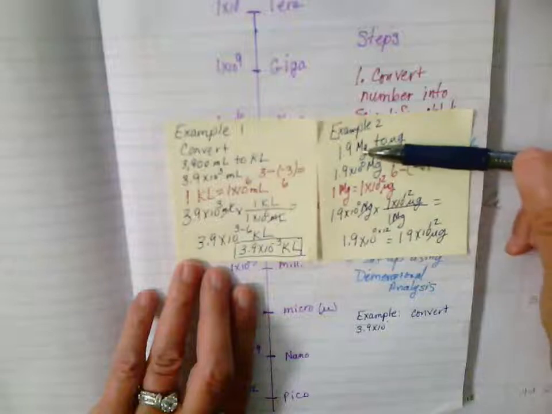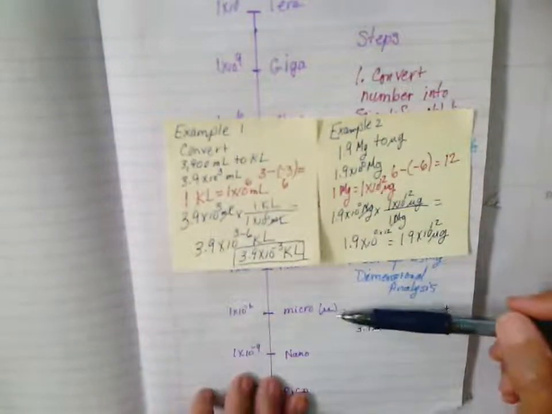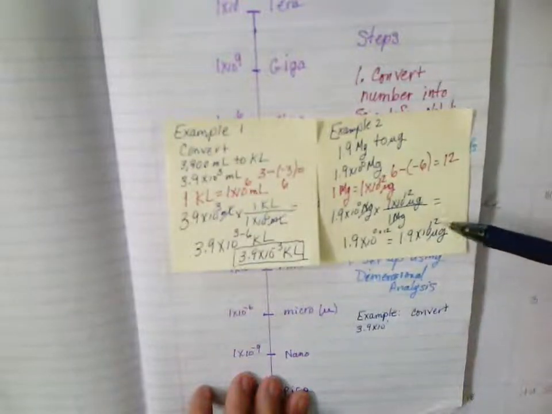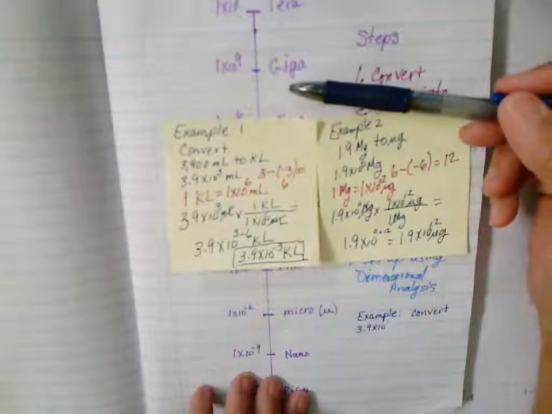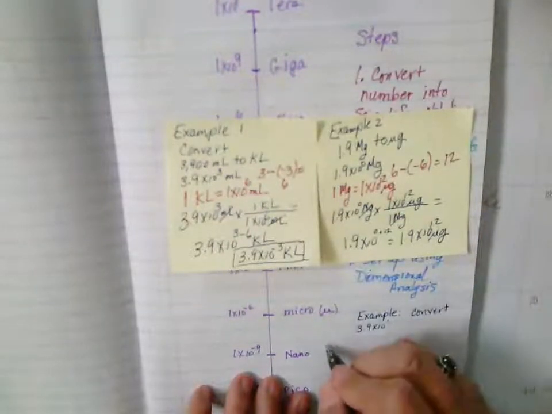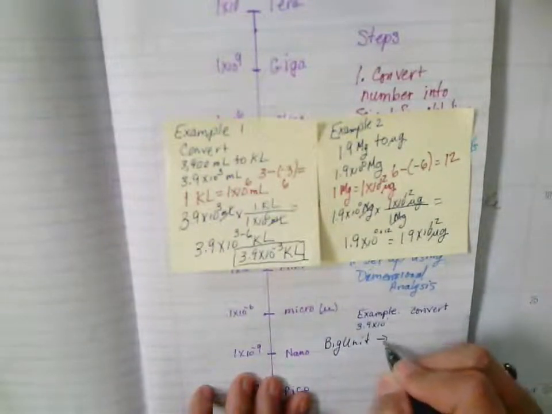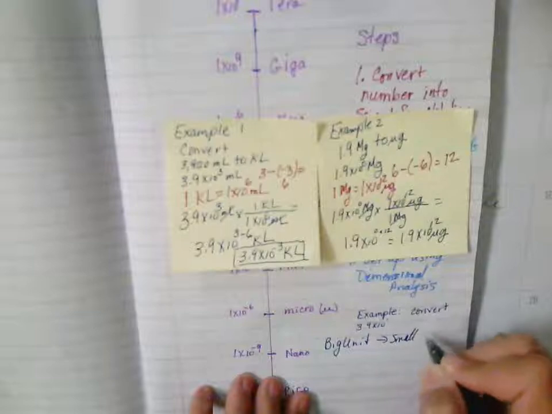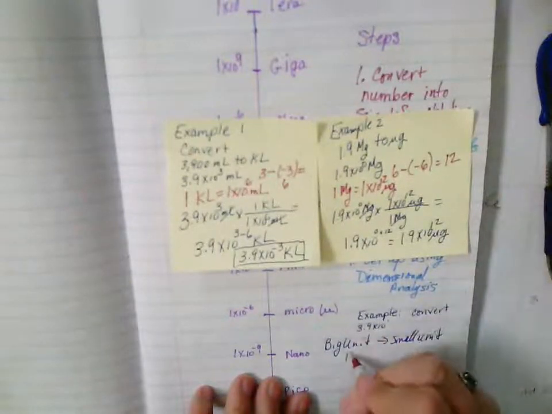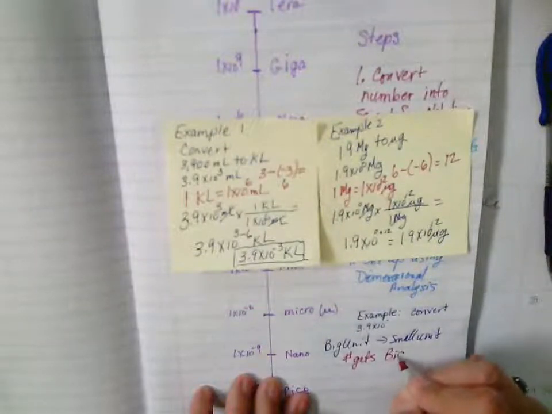Here we went from megagrams, which is up here, to micrograms, which is down here, and our number got very big, which is what we expect when we go from a big unit to a small unit. So if we go from a big unit to a small unit, the number gets bigger, right?